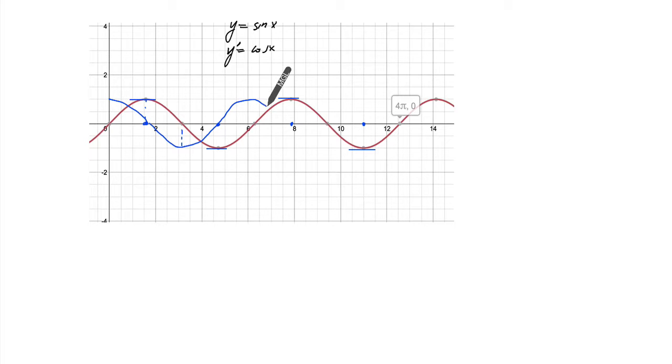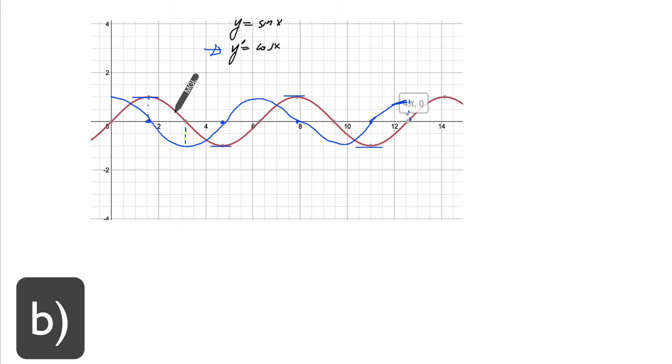Maximum of 1, 0, like that. So that's the derivative curve, and of course that is the cosine of x curve.